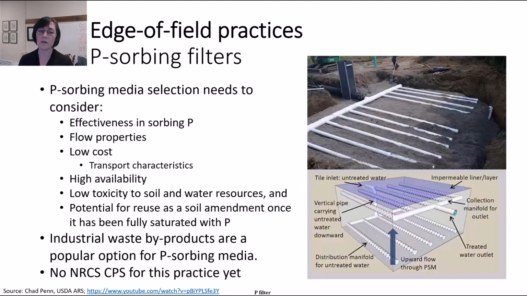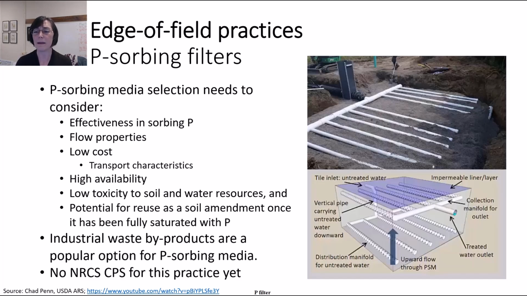And then you don't want to use phosphorus absorbing media that's going to leach heavy metals or other harmful contaminants. Obviously, this is a water quality improvement practice. Industrial waste byproducts like steel slag are a very popular option for this kind of P-sorbing filter because of their widespread availability and low cost. They're often free.